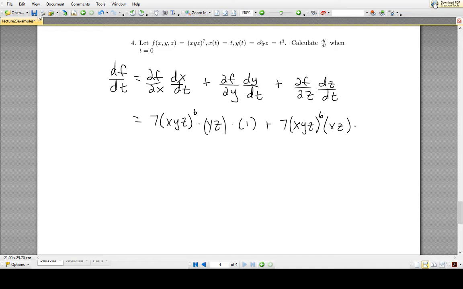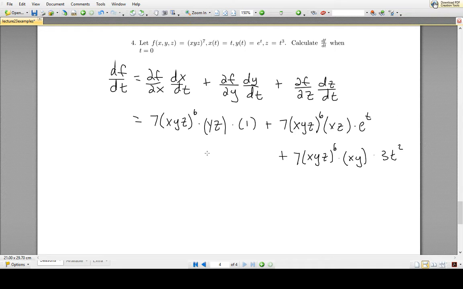So the derivative of y with respect to t is just e to the t, plus the last term here is the derivative of f with respect to z. So let's take the derivative of f with respect to z again. That's 7 times (xyz) to the power of 6, times the derivative of the inside with respect to z, which is xy. And then we multiply by the derivative of z with respect to t, which is 3t squared.